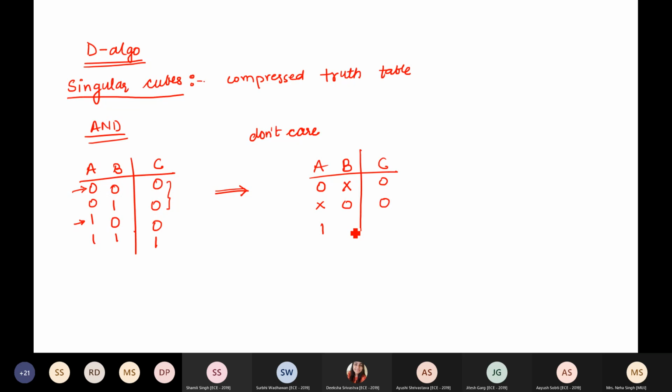And the last entry would be 1 1 1. So I reduce one line from the actual truth table to represent the AND gate. So this is referred to as the singular cube for the AND gate. Similarly, I can determine the singular cube for the OR gate.